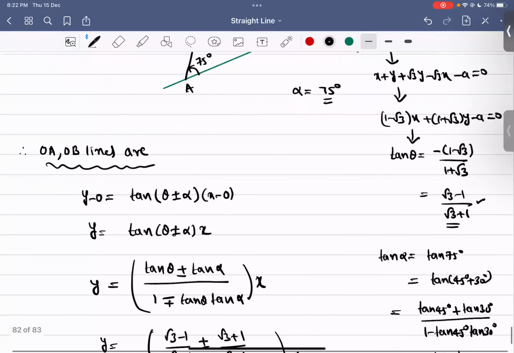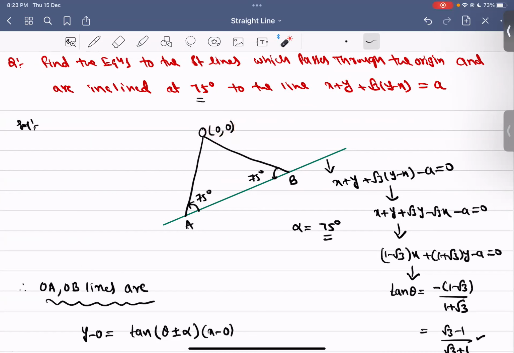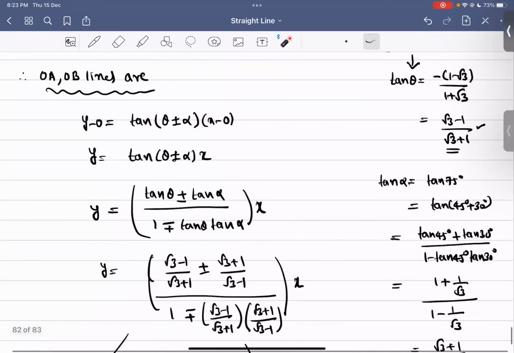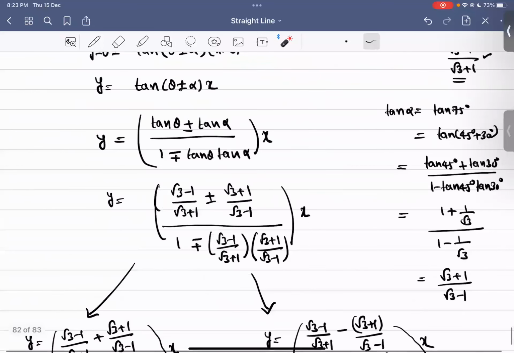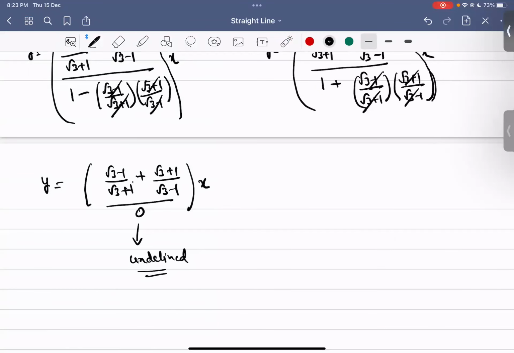So the vertical line which passes through what? 0 comma 0. The vertical line which passes through 0 comma 0 is nothing but the y-axis only. Yes or no? Because the slope is undefined and the line passes through 0 comma 0 and is vertical, therefore the line equation is what? x equal to 0, the y-axis.